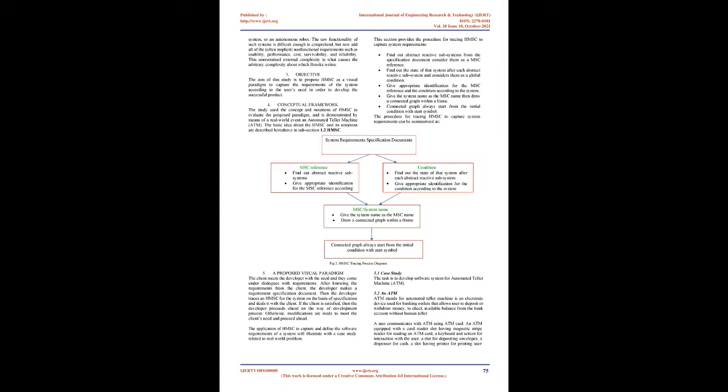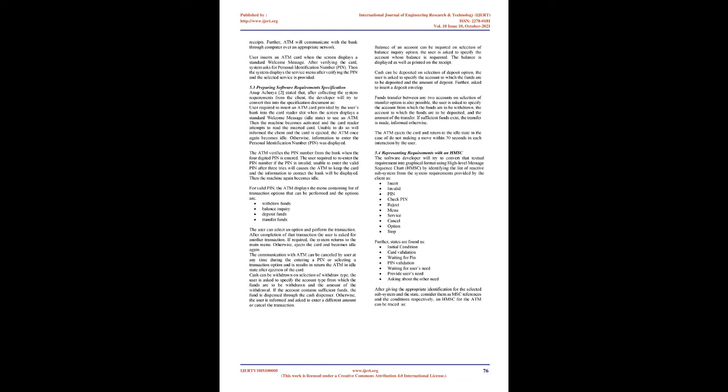MSC/system name: give the system name as the MSC name. Draw a connected graph within a frame. Figure 2, HMSC tracing process diagram. The connected graph always starts from the initial condition with a start symbol.